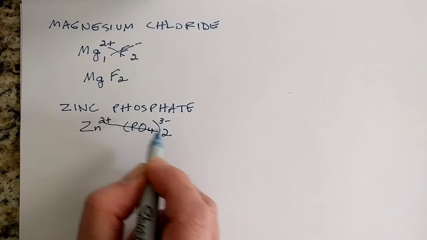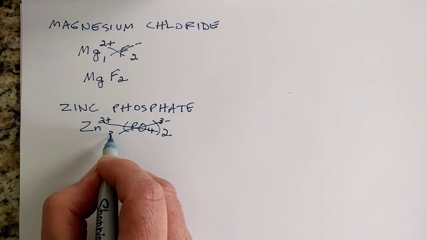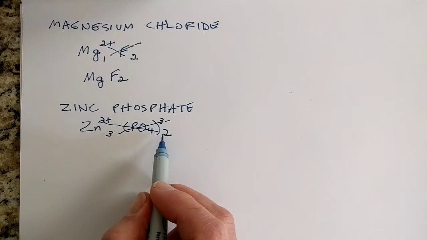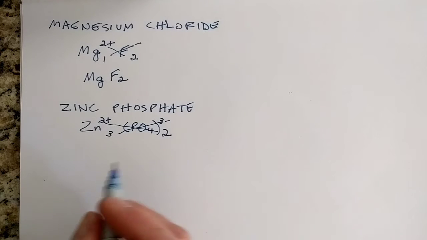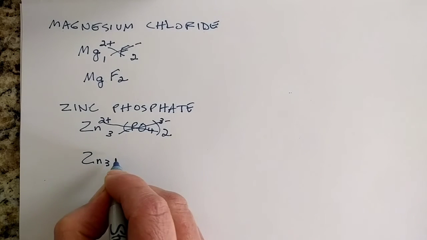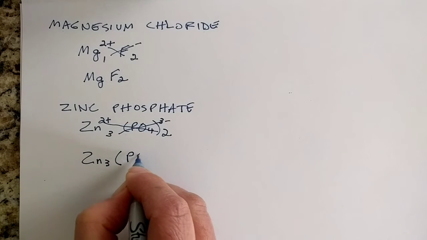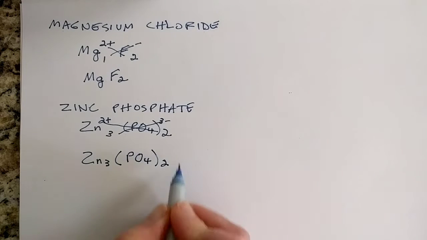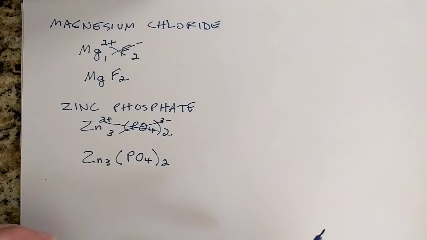So the 2 comes down, the 3 comes down. Check for lowest whole number ratio. 3 to 2 is lowest whole number ratio, so now we rewrite it. Zn3(PO4)2. That is our formula for zinc phosphate.